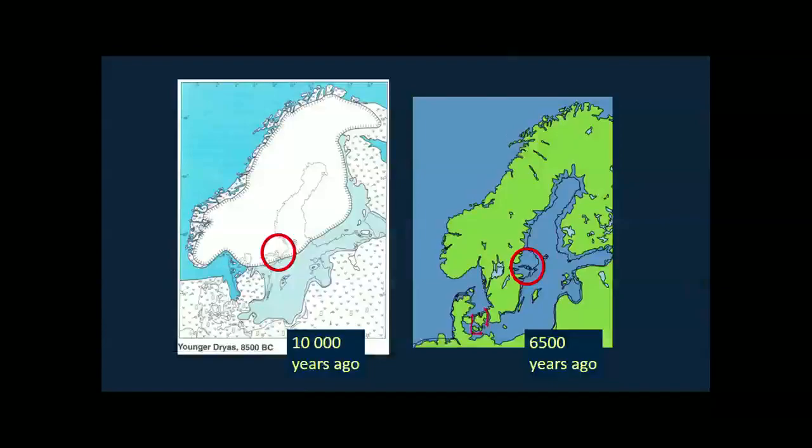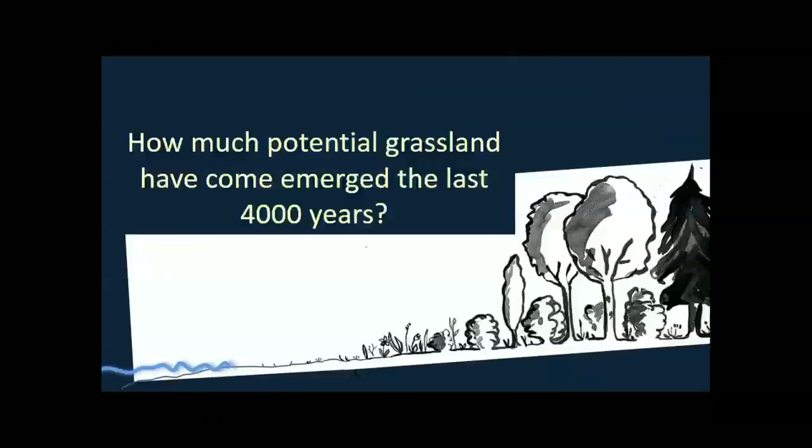So we wanted to look into how much land came up out of the water, and particularly how much potential grassland has emerged during the last 4,000 years. We picked 4,000 years because that's where we have the oldest records of grassland management from pollen records.